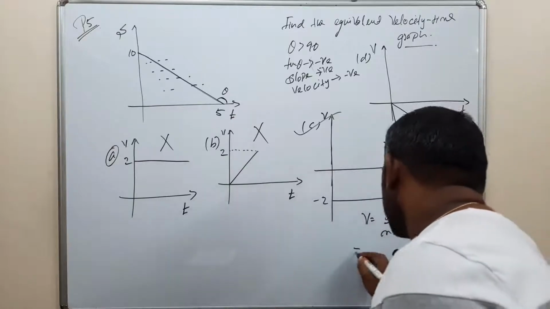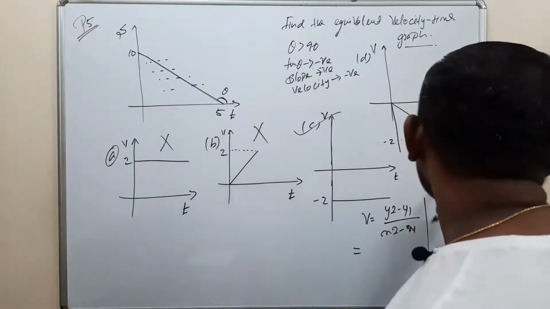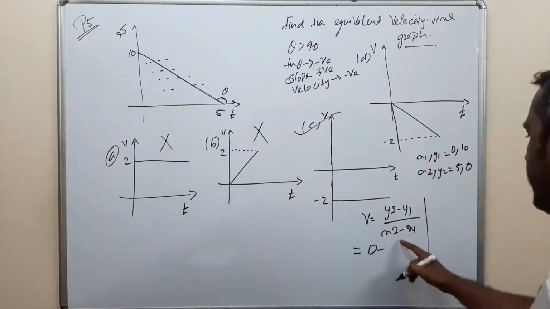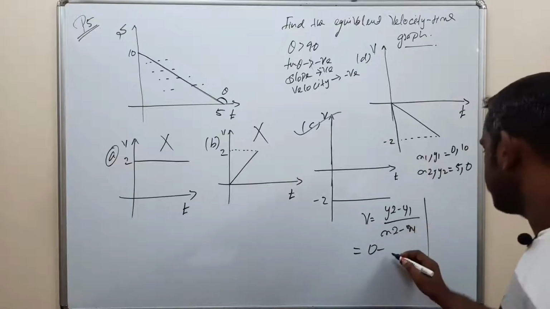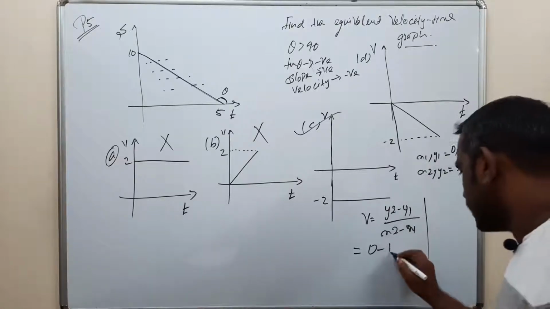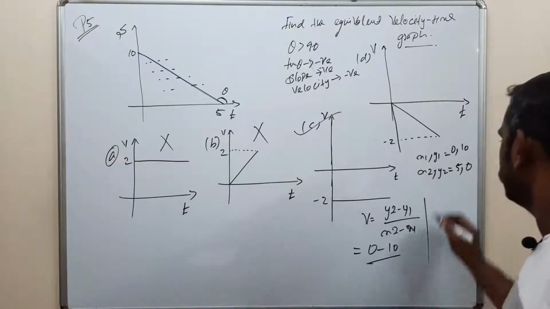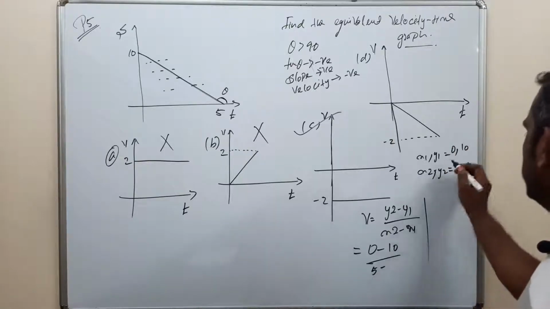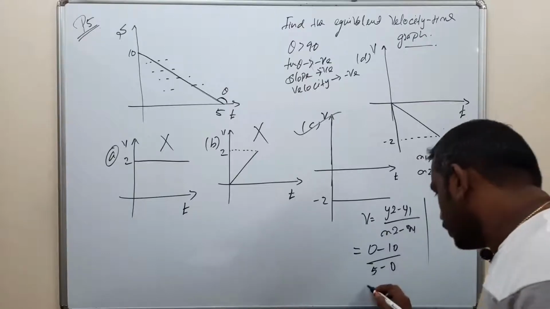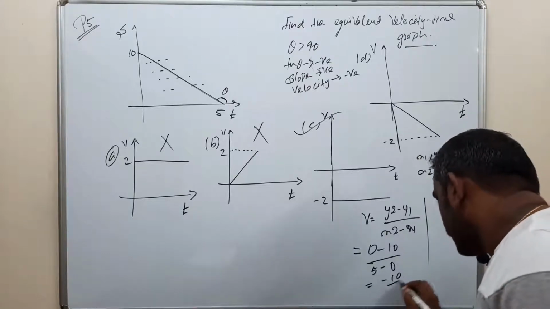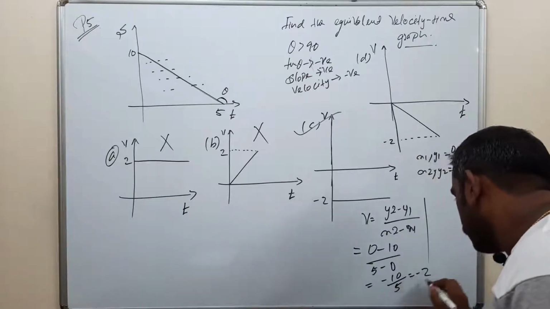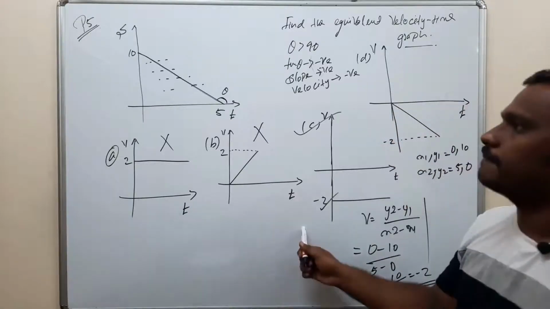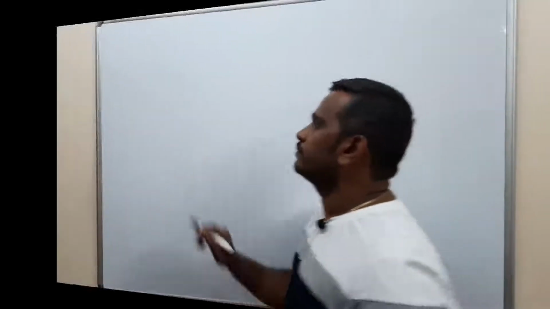Substituting, 0 minus 10 divided by 5 minus 0 equals minus 10 divided by 5, that's equal to -2. So that is the answer.